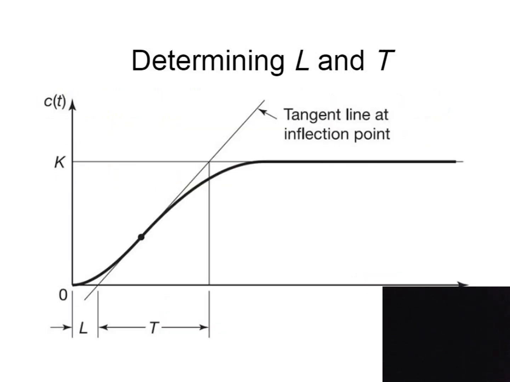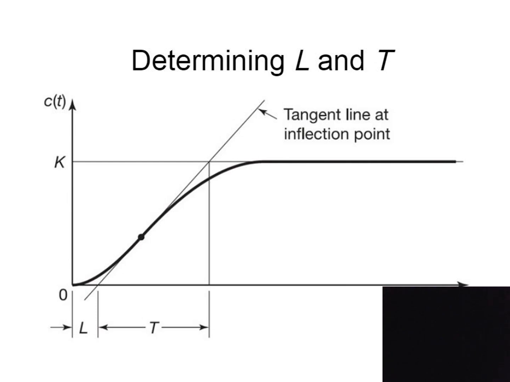From this S-shaped curve, we will compute the value of the gain, the delay time, and the time constant. The process gain is the maximum value where the response is settling.